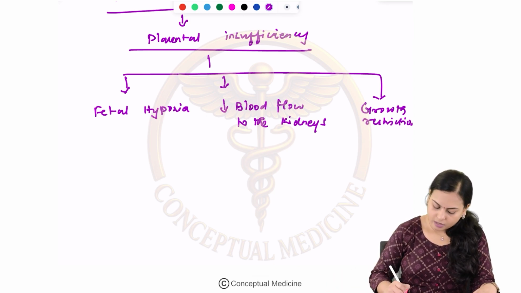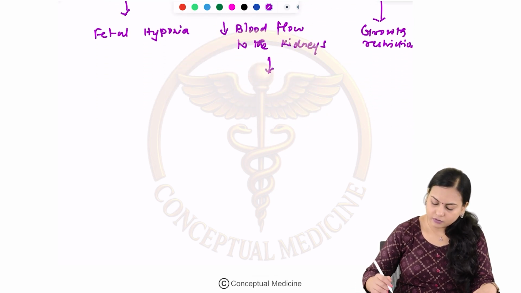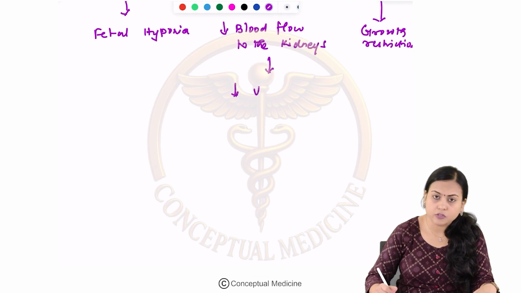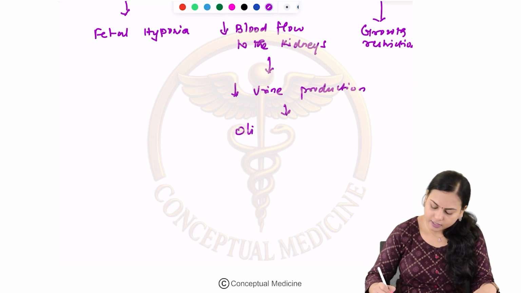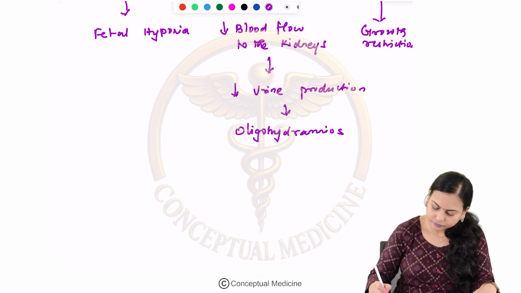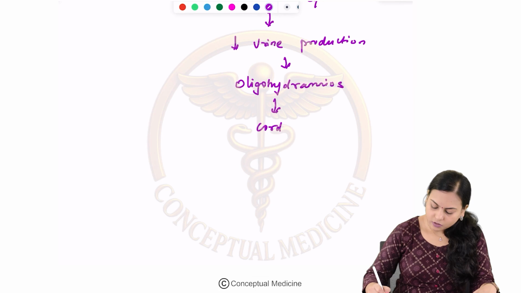Clear? With this reduced blood flow to the kidneys, there is reduced urine production, and that will result in oligohydramnios again, and this oligohydramnios can also lead to cord compression.